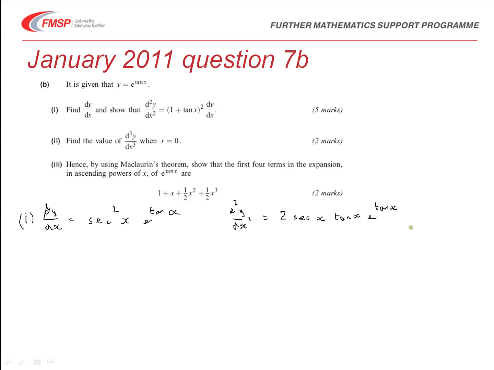And then we're going to differentiate the e to the tan x and multiply it by sec squared. Well, the differential of e to the tan x was sec squared e to the tan x, so that becomes plus sec to the power of 4 x e to the tan x.